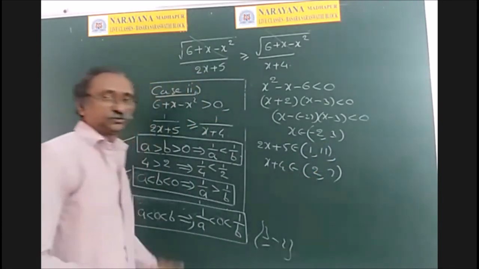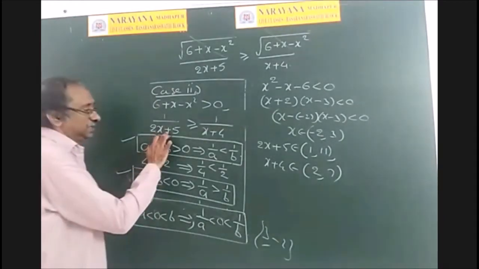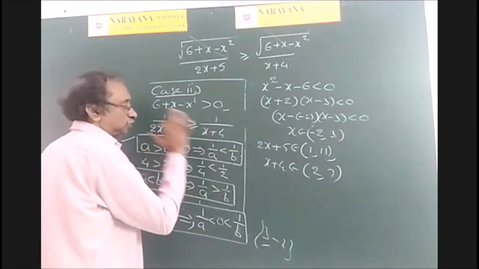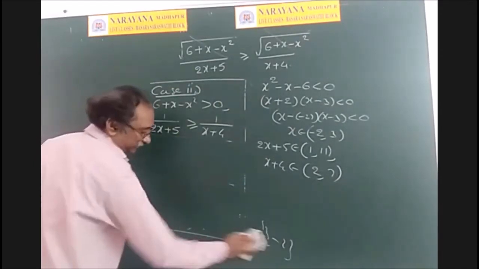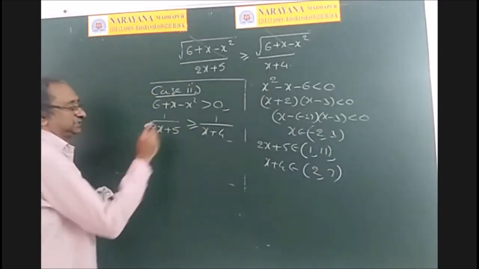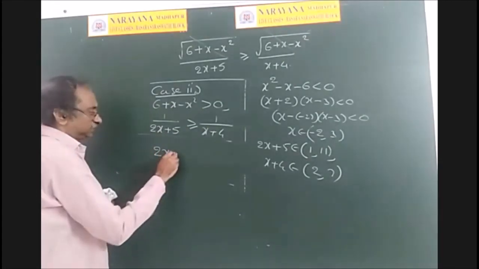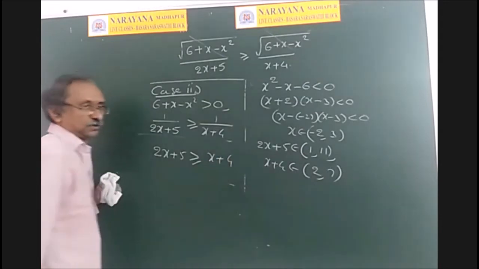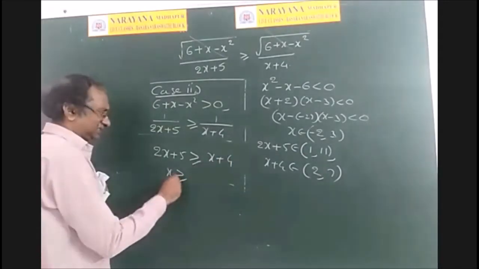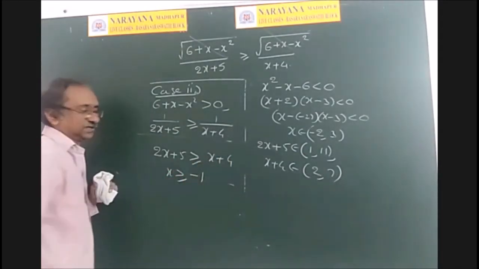That is also positive, so no problem. So in this inequality, both are positive. So we can reverse those two numbers confidently, and also reverse the inequality. So 2x plus 5 greater than or equal to x plus 4, and therefore x greater than or equal to minus 1.